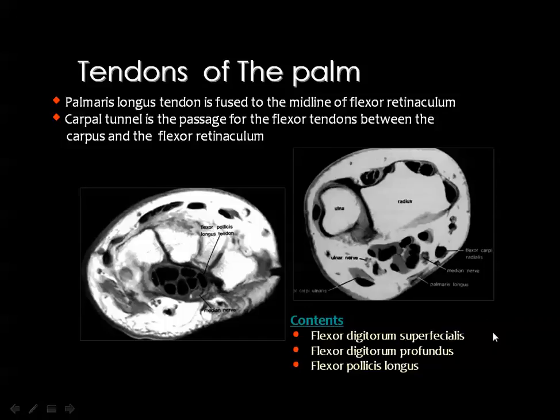As you know, this is towards the radial side, this is the flexor carpi radialis. Towards the ulnar side, you will see the flexor carpi ulnaris, and most of the other tendons will belong to the flexor digitorum profundus and superficialis. This is the median nerve, which is of intermediate signal, and dorsal to the median nerve immediately you will see the flexor pollicis longus tendon.